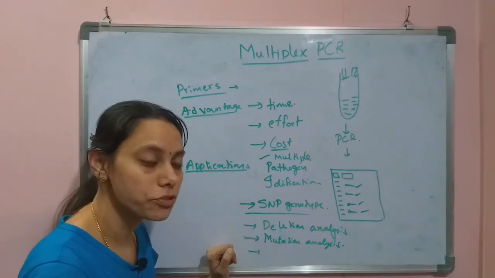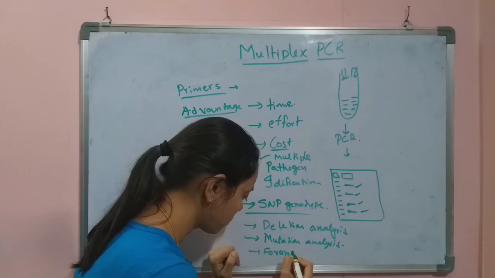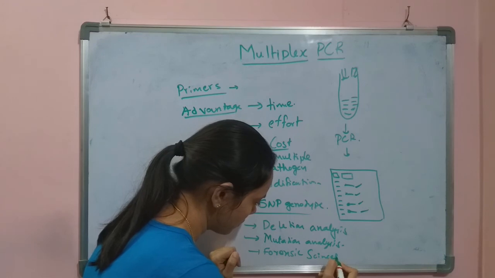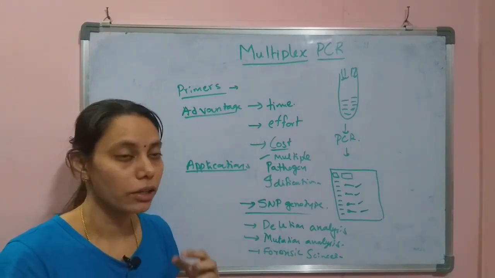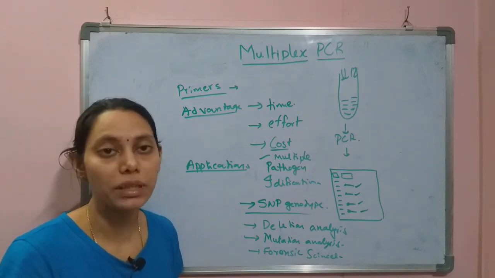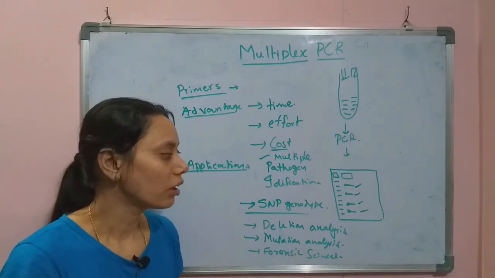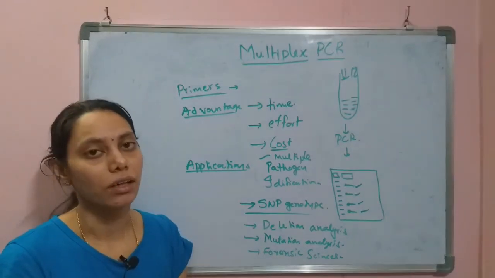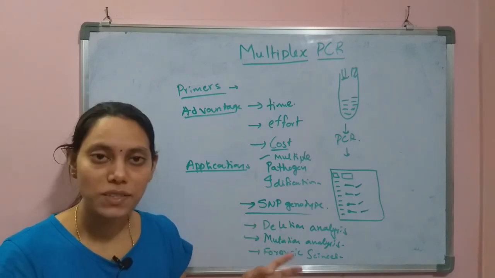And it is also useful in forensic sciences. For identifying the victims and the accused persons, we can take multiple samples and identify who is actually responsible for the crime using multiplex PCR. So these are some of the applications of multiplex PCR.